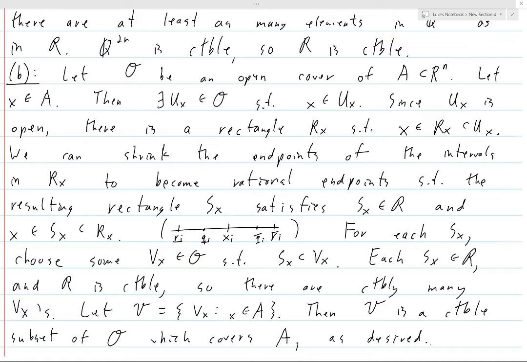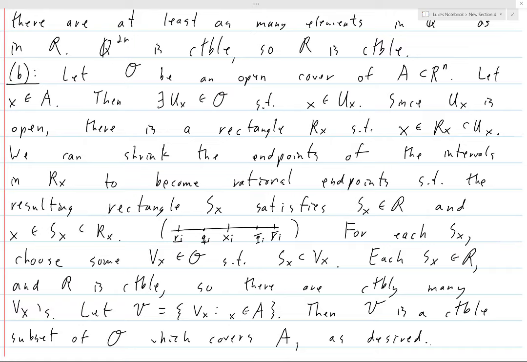Yeah, having this countable collection of rectangles is really important in this topological space, because it allows us to have a countable collection of sets which can cover any particular set.